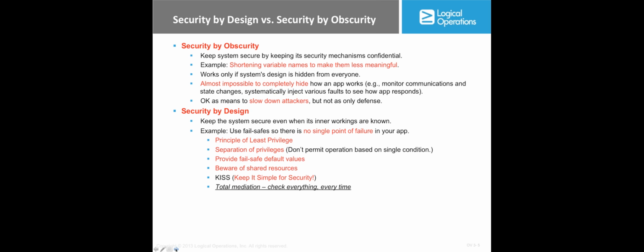So when we correlate that to security by design, it's the blueprint of how we're going to do it. We're going to apply least privilege. We're going to apply separation of privileges and separation of duties. We're going to provide fail safes. And most importantly, as we touched on Monday, we're going to keep it simple. The more layers that you add, the more complexity that you build in, it has the counter effect of what your intent is.